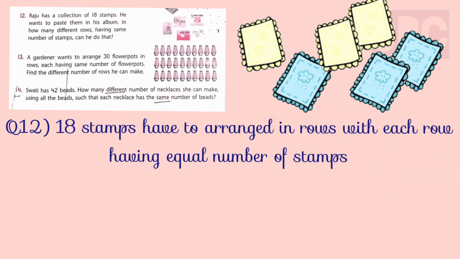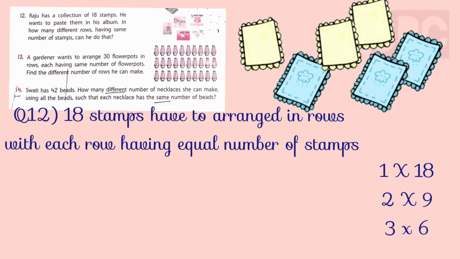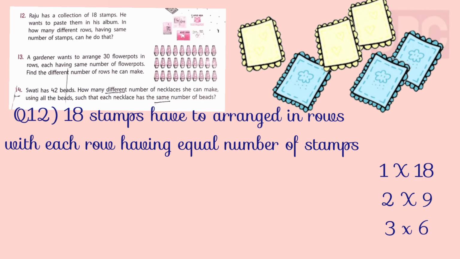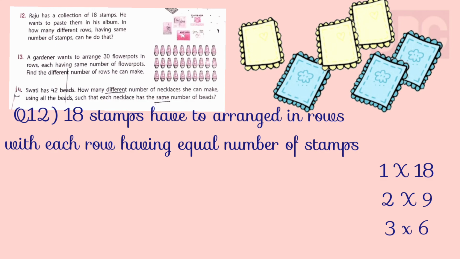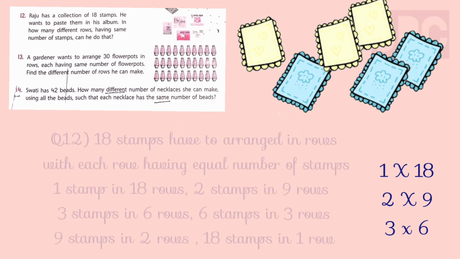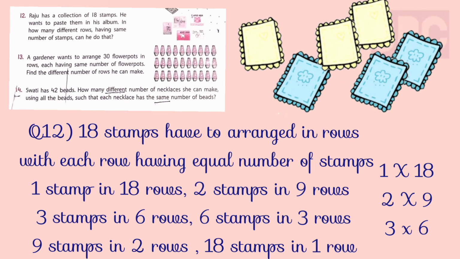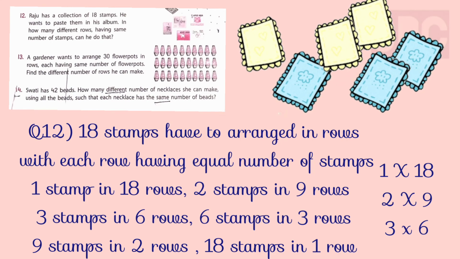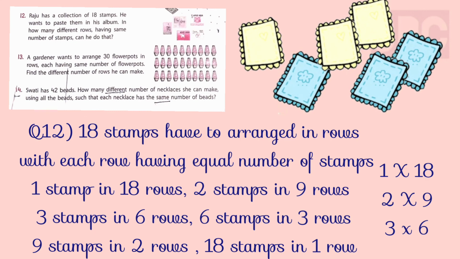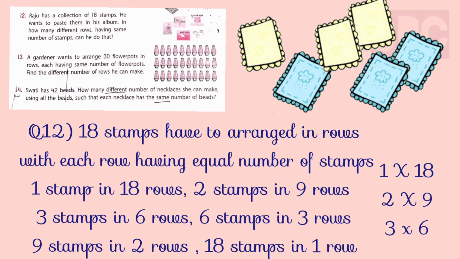So there are 18 stamps. Now 18 can be written as 1 into 18, 2 into 9, 3 into 6. So you can say that 18 stamps can be arranged as 1 stamp in 18 rows, 2 stamps in 9 rows, 3 stamps in 6 rows, 6 stamps in 3 rows, 9 stamps in 2 rows and 18 stamps in 1 row.